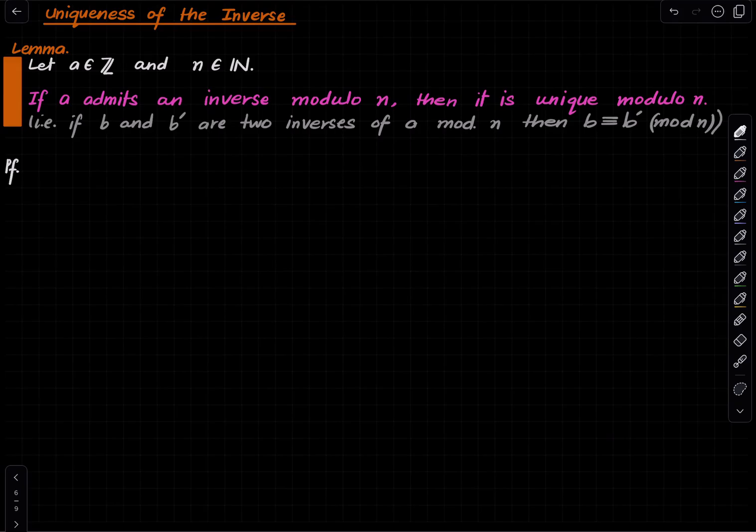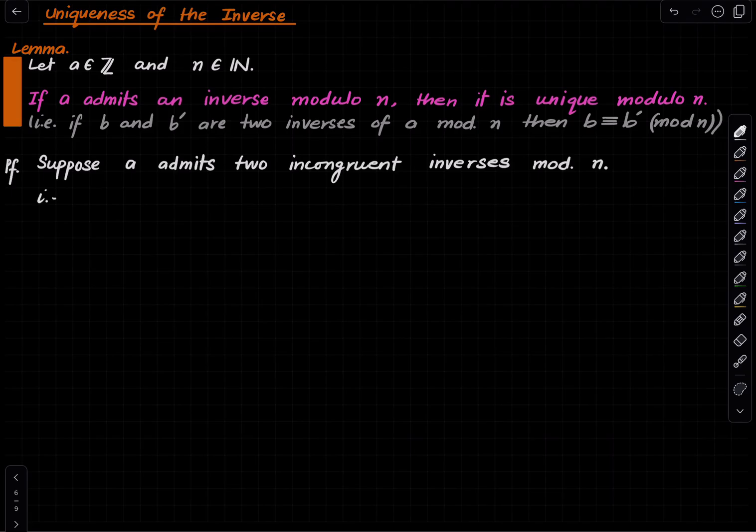So suppose not. Assume that A admits two incongruent inverses modulo n.